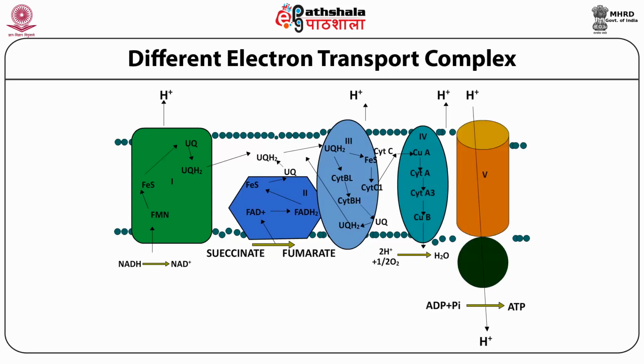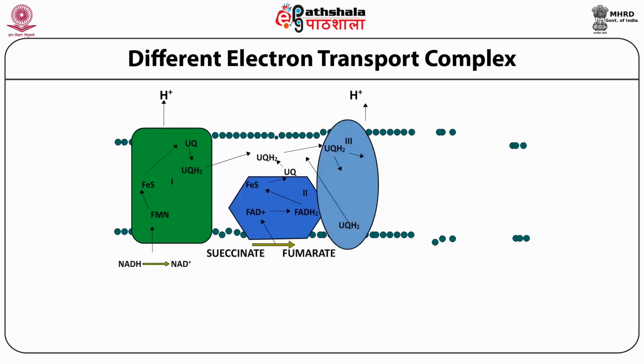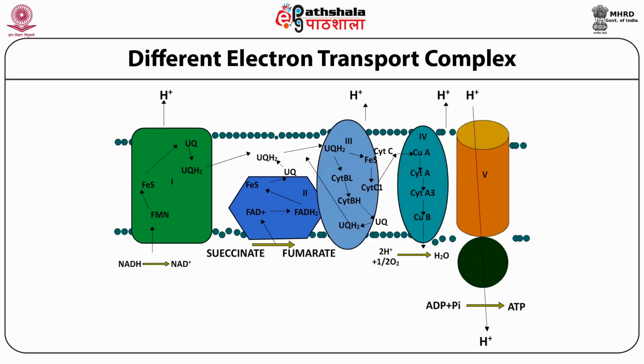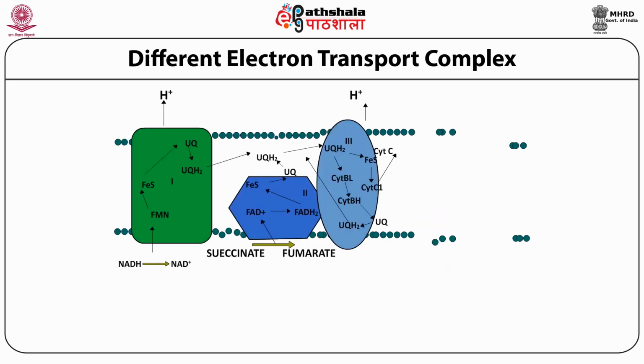The mechanism of proton pump will be discussed in the next modules. The reduced ubiquinone which is produced in complex first gives its electron to complex third. In complex third we have different electron carriers. 2 electrons from ubiquinone are given to cytochrome C one by one.